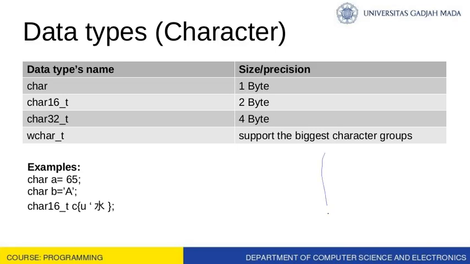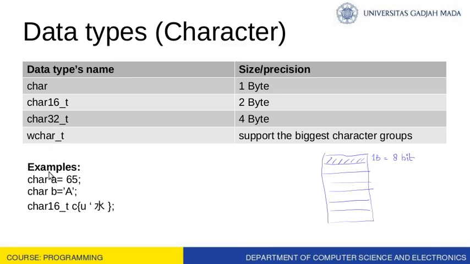So suppose you have RAM or memory inside of your computer. Suppose this is your memory. The size of each memory slot will be 1 byte, or equal to 8 bits. So if you are using the char data type, it will use 1 slot of memory, which has a size of 8 bits or 1 byte.